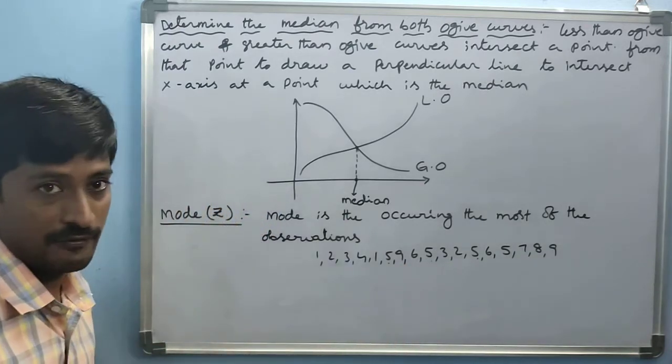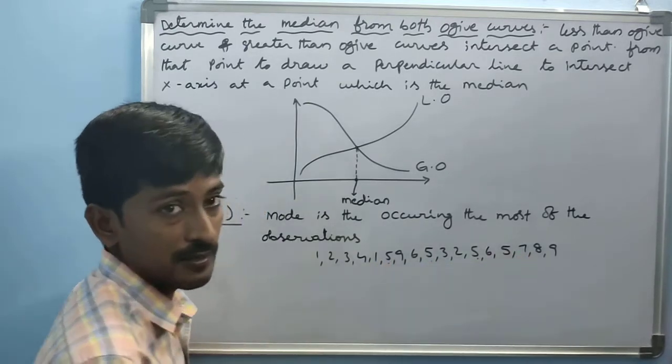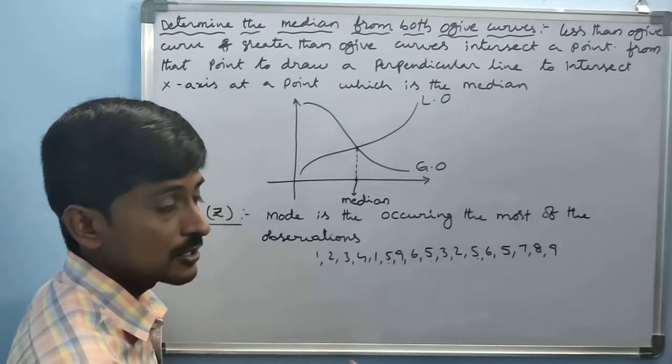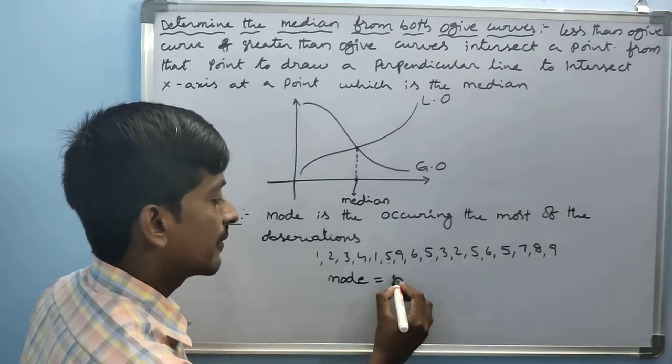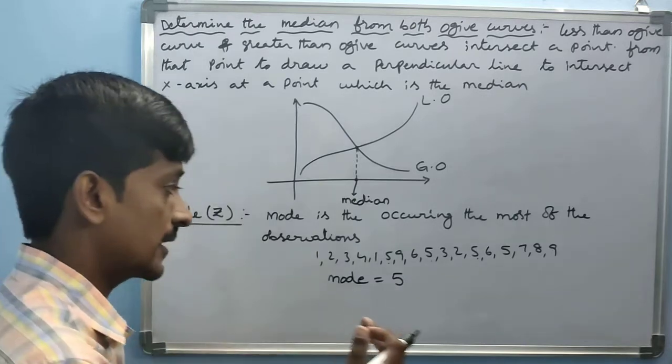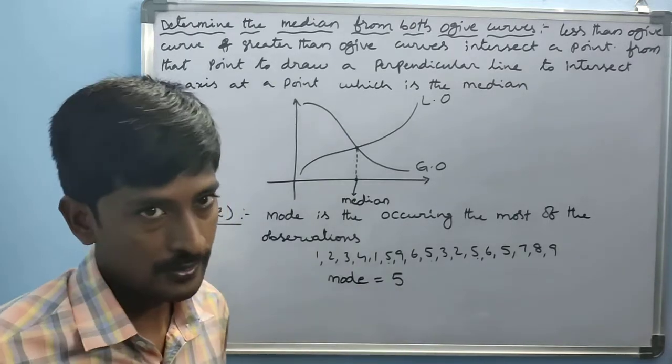Which number came the most times? 5, four times. Most frequently occurring, so mode equals 5. The number that occurs most often is called the mode.